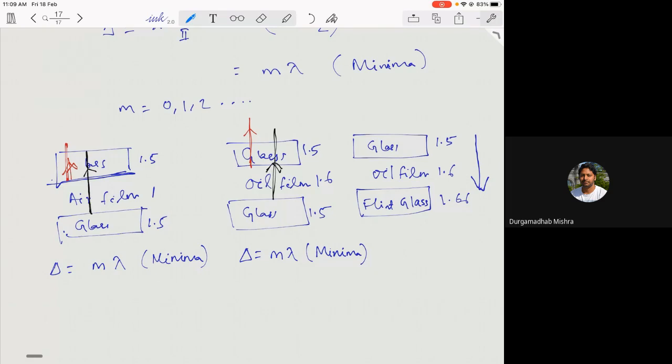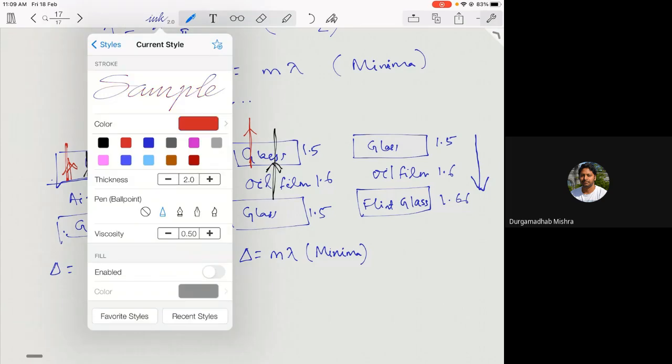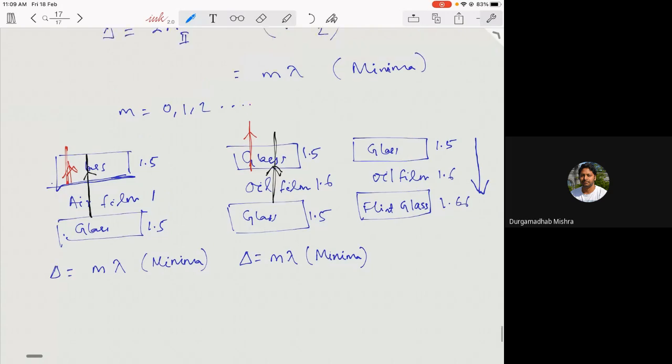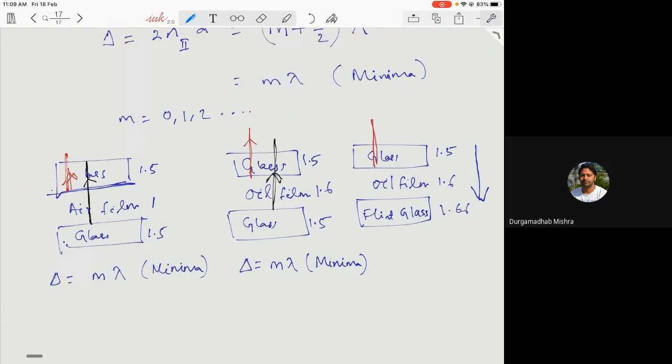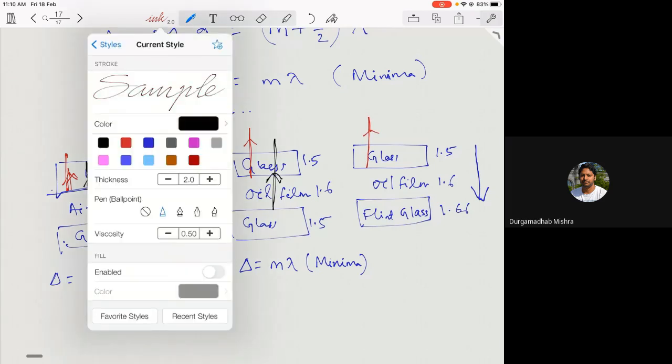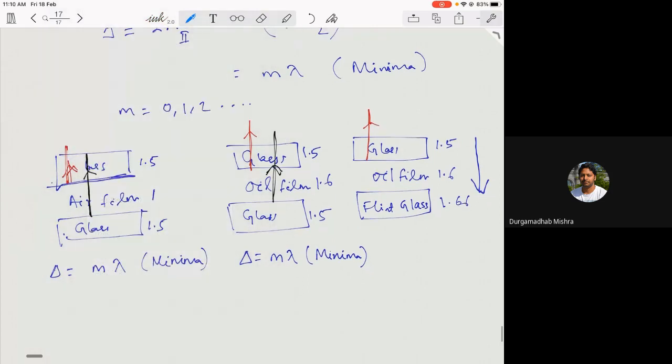But in the third case, the situation is different. There is a phase change for the red one as well as for the black one, which is reflected from the lower interface.